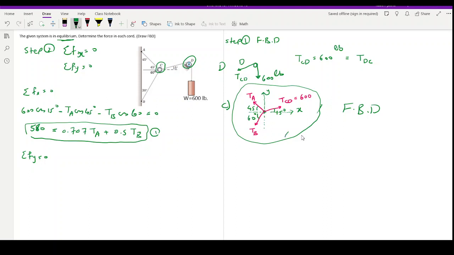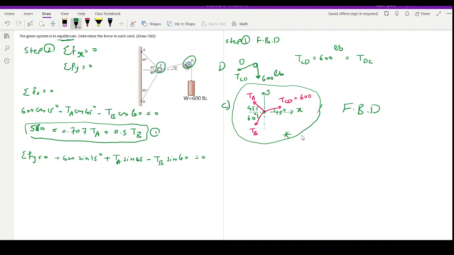Again, by looking at this drawing, we have 600 this time sine 15, plus TA is acting in the positive y direction, therefore it's going to be TA sine 45. But TB is on the negative side, so it's going to be negative TB sine 60 degrees. That equals 0.